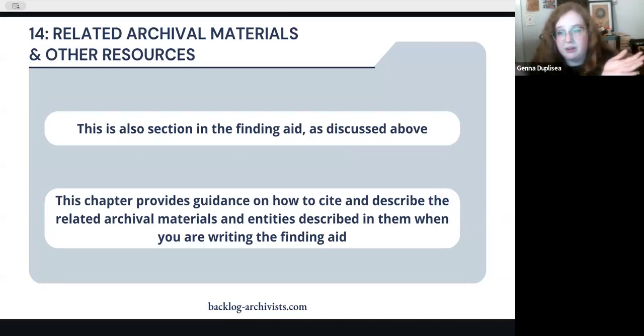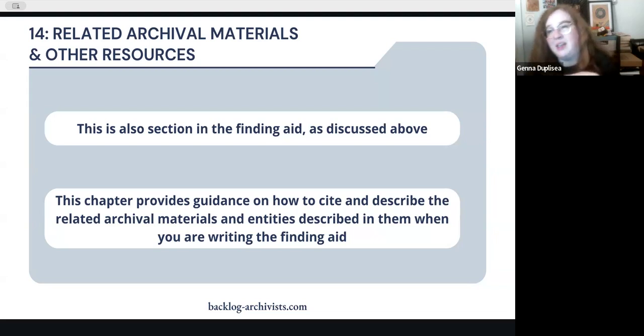So related archival materials and resources is a chapter in this section as well as in the previous section. So as I already explained, this is a section of the finding aid where you talk about related stuff. But what this chapter provides is citation guidance. How are you going to cite and describe the related archival materials when you're writing the finding aid?